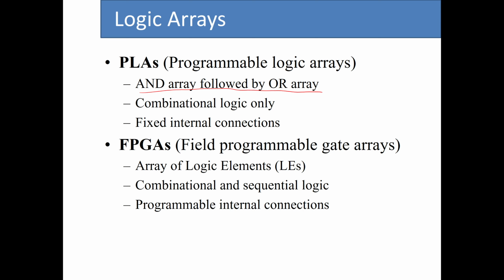On the other hand, FPGAs have arrays of logic elements, or LEs. They are used for both combinational and sequential logic circuits, and they have programmable internal connections. As you can see, we have more capabilities with FPGAs over PLAs, but PLAs are also useful.